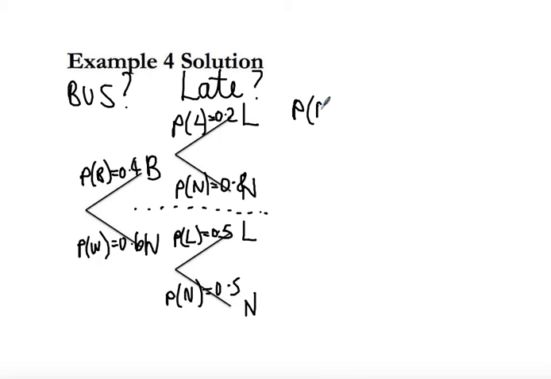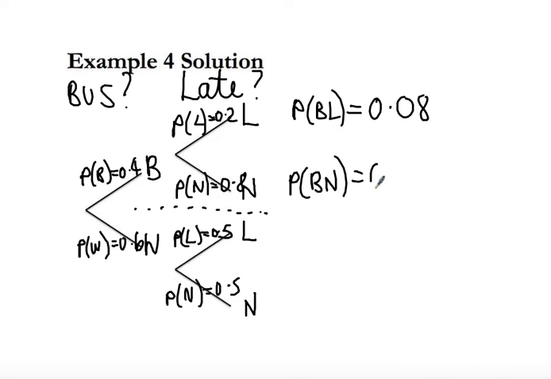Probabilities at the end: probability bus and late, multiply across the branches. It's exactly the same as we've done before, so 0.08. Probability bus and not late, multiply across the branches, 0.4 times 0.8. It's 0.32.